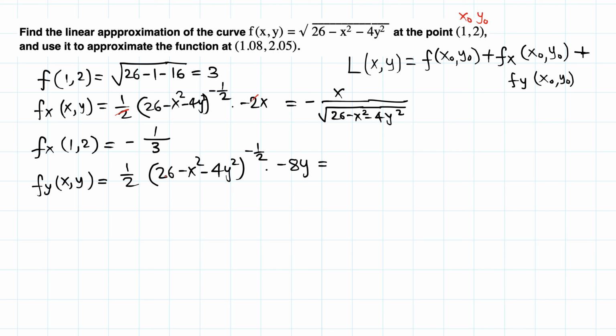So we can simplify further. 2 goes into 8 4 times. So negative 4y on the top over the square root of, because negative means put on the bottom, becomes positive 1/2. Power 1/2 means square root. So this is 26 minus x squared minus 4y squared.